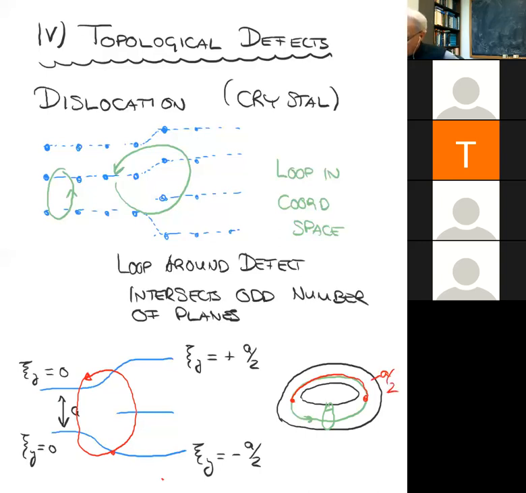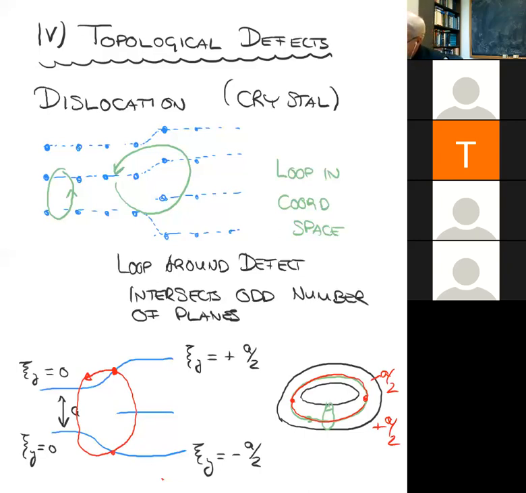Going the other way, going backwards, we eventually get to this point, which is the displacement of plus a over 2. So we're traveling in the other direction, and we eventually get to plus a over 2. But by periodicity, plus a over 2 and minus a over 2 are the same thing.